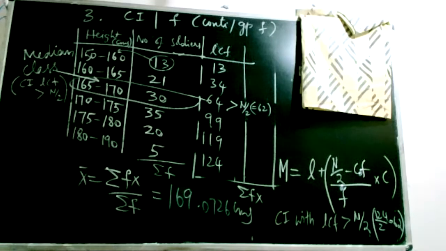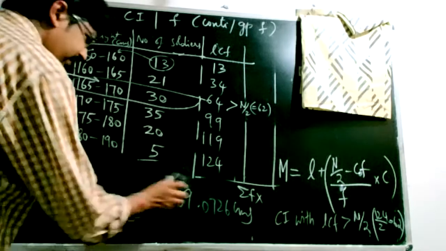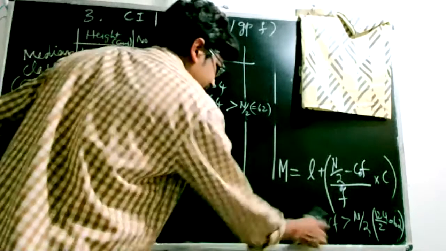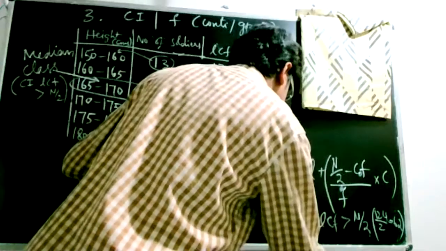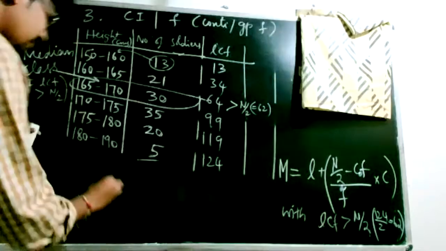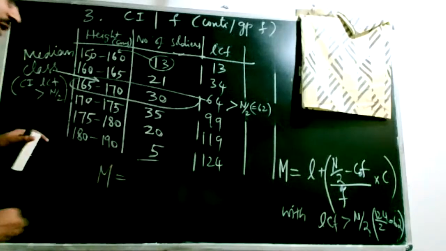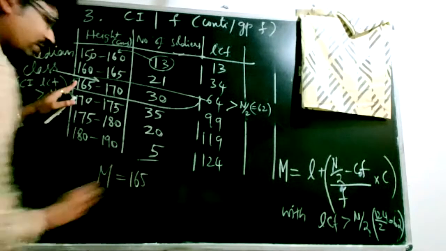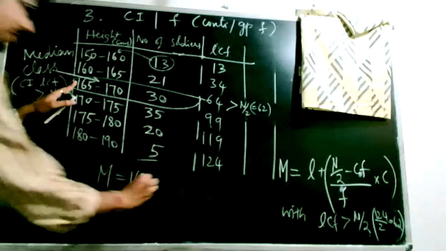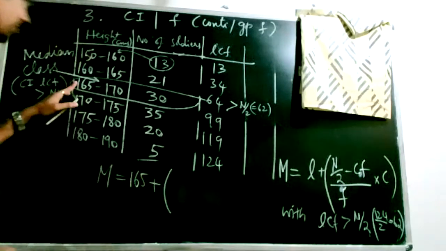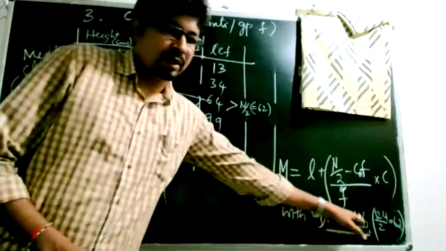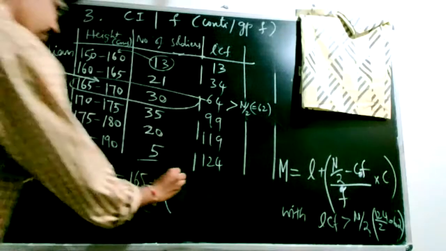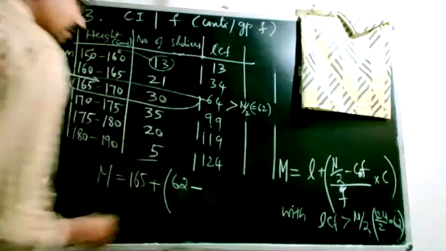Now once we have the interval identified, we can identify the values of the various terminologies used in the formula. So that is L. L indicates the lower limit of the median class. In this case it is 165, plus n by 2. N by 2 is already computed, it is 62 here, 62 minus CF.